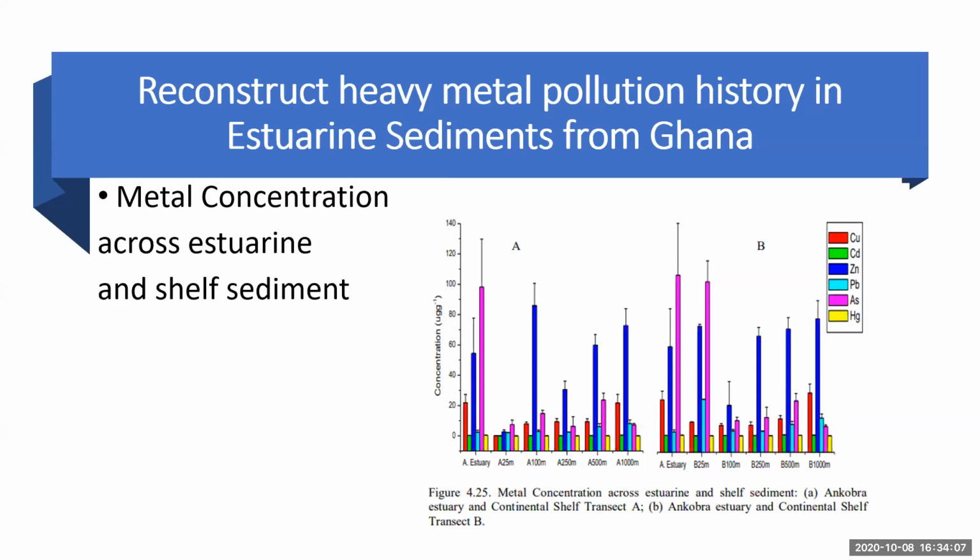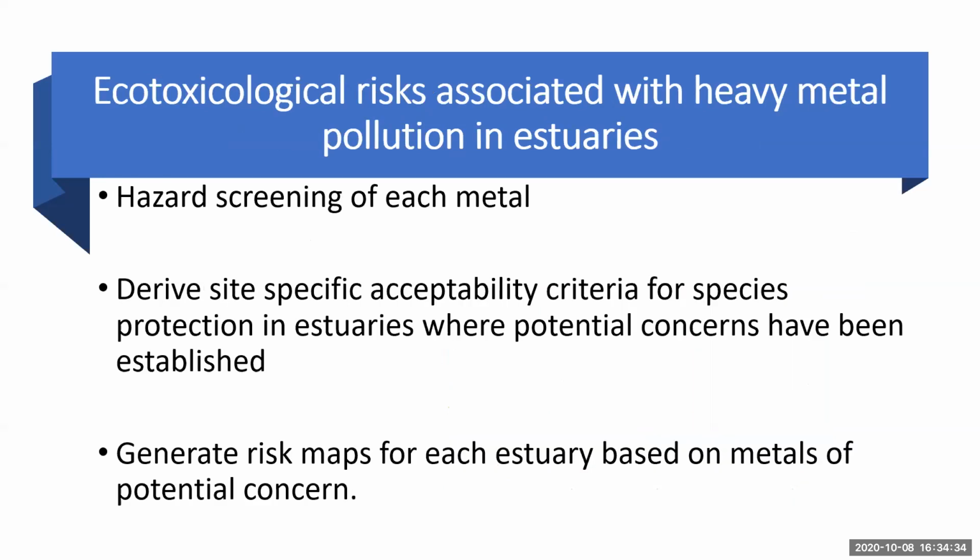So we compared this to the samples from the Ankobra estuary, which was in close proximity to the samples that were taken from the shelf. We didn't see that much difference in the level. So it tells us that yes, the levels that we are finding in these estuaries are actually going into the coastal environment, and this has implications for the fisheries and other ecosystem processes.